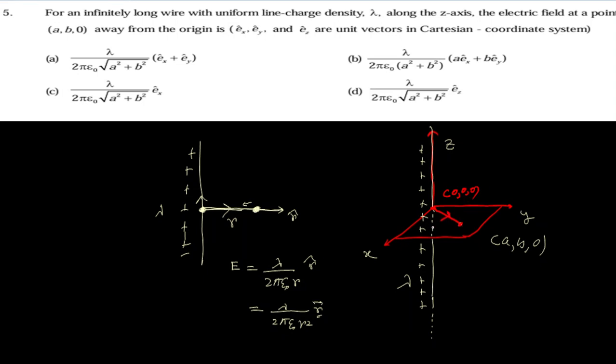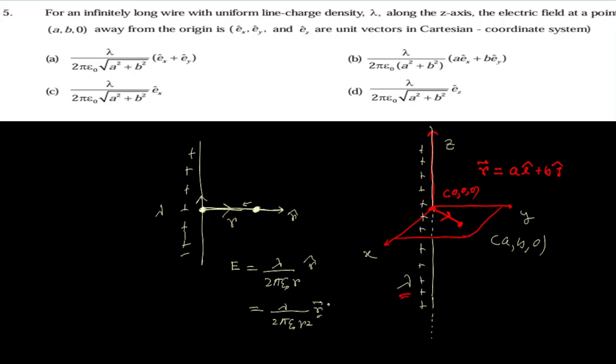So what will be our r vector? That is the position vector of this point with respect to this point. In this case, our r vector will be a i cap plus b j cap.